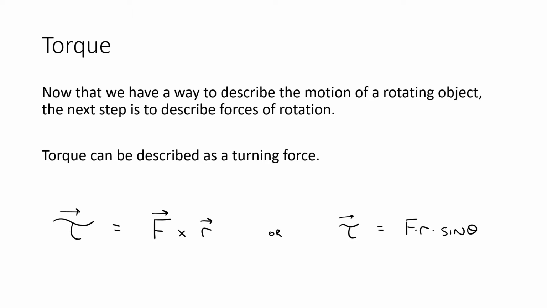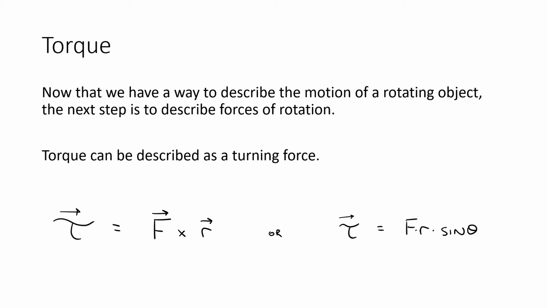It's this really fancy looking T. Like that, it's called tau. Torque is just a force times a distance away from a pivot point. So in this case, we'll call it R. Force times radius.